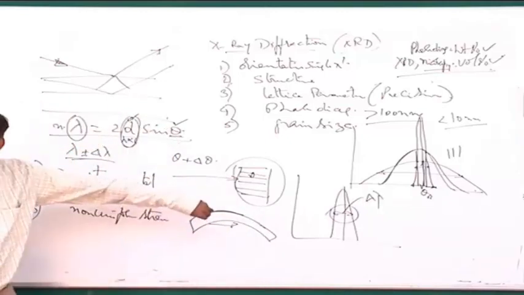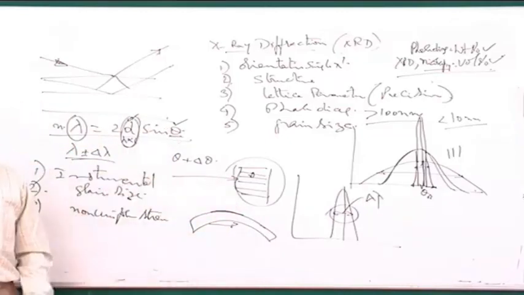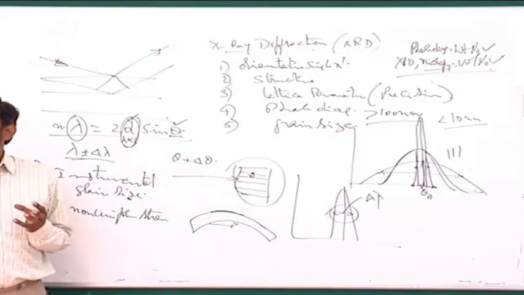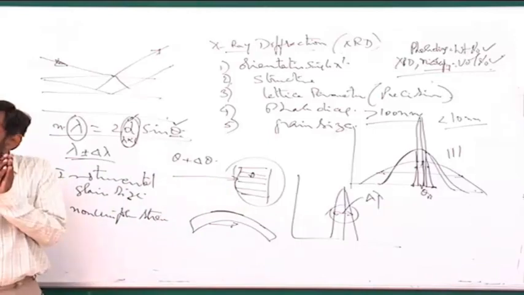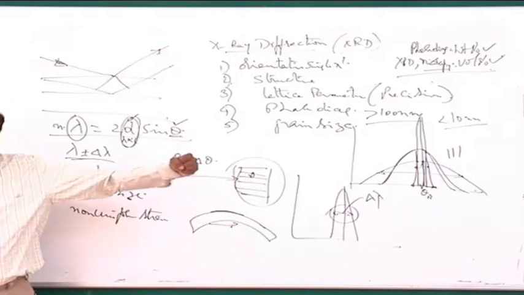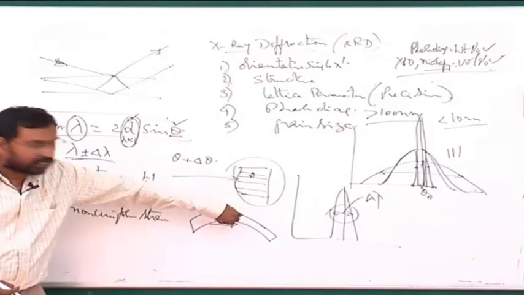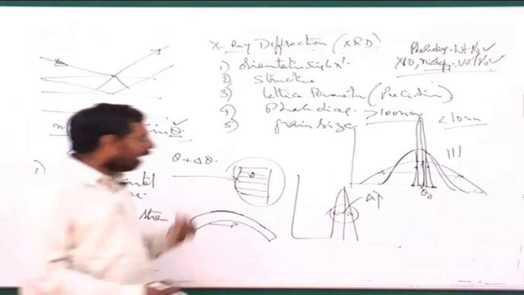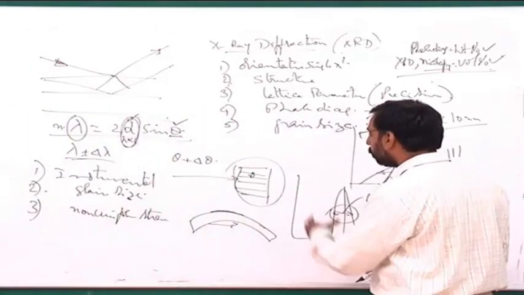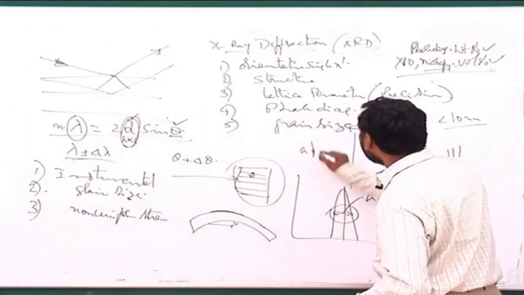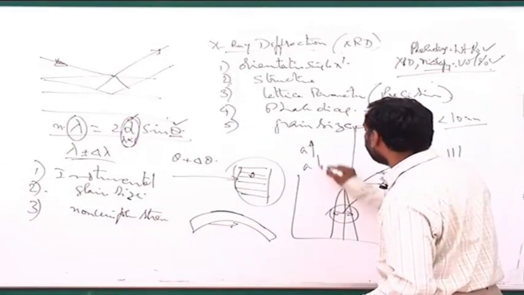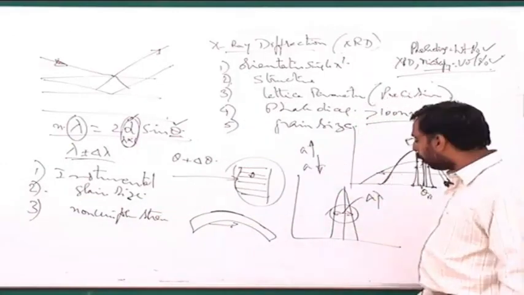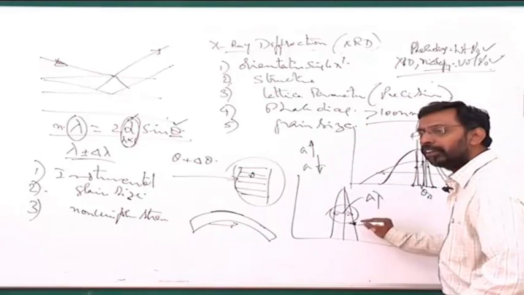That means certain atomic planes are tensed, so their lattice parameter is higher, and certain are compressed, so their lattice parameter is lower. As a result, because of the increase in the lattice parameter in some places and decrease in others, the peak starts getting broadened.